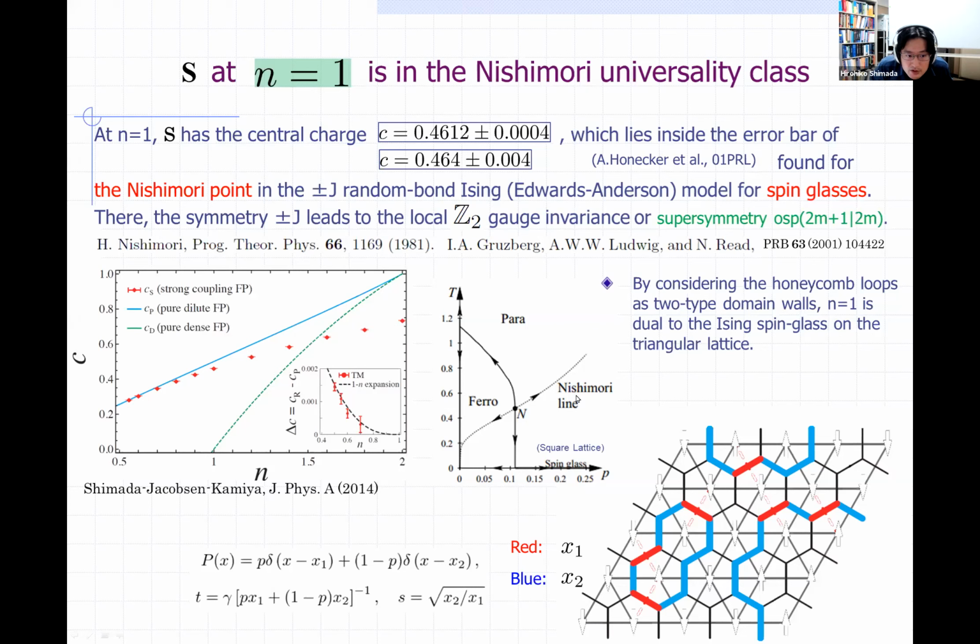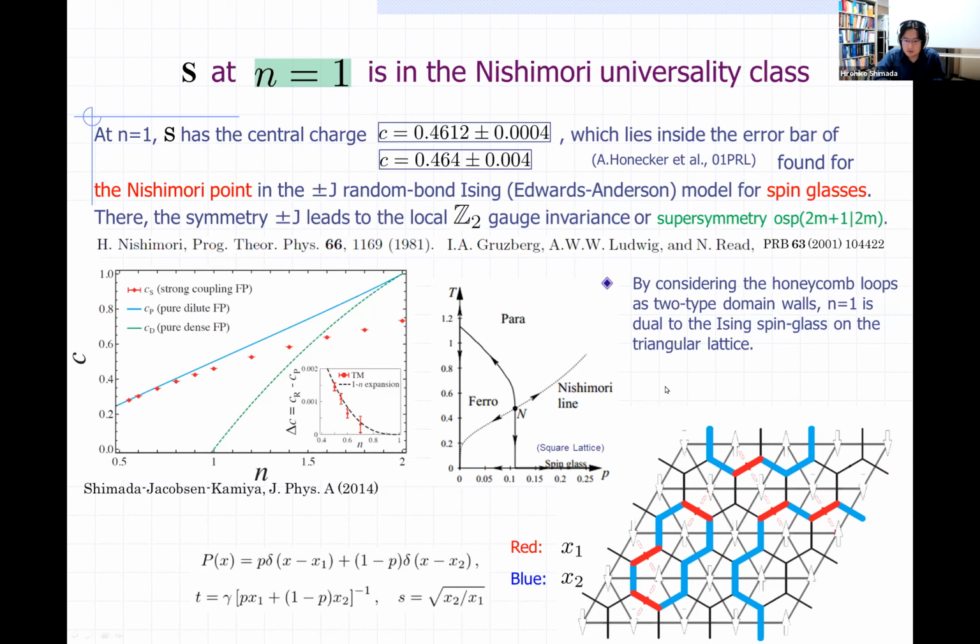The Nishimori line is defined by a special relation between the probability of one and the strength. So some fluctuation of the temperature and randomness is at the same order, some special thing happens, and this multicritical point exists.